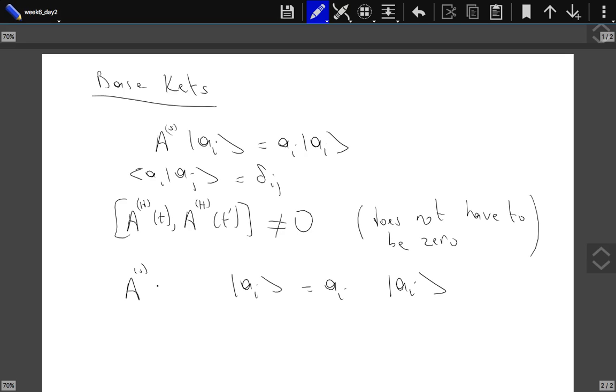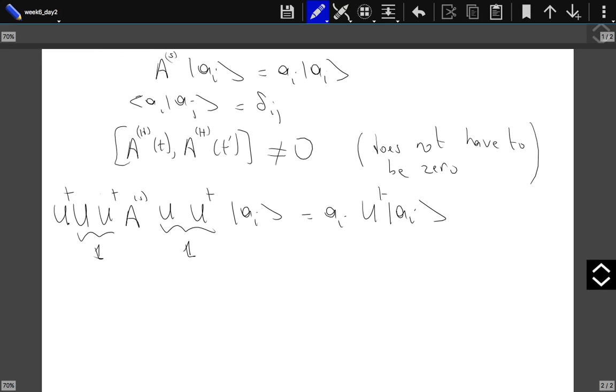Now let me do a trick. Let me put U dagger over here, and U dagger, U over here. This still holds, because U dagger U is 1. Let me multiply both sides by U dagger from the left. Now let's see, this is 1.